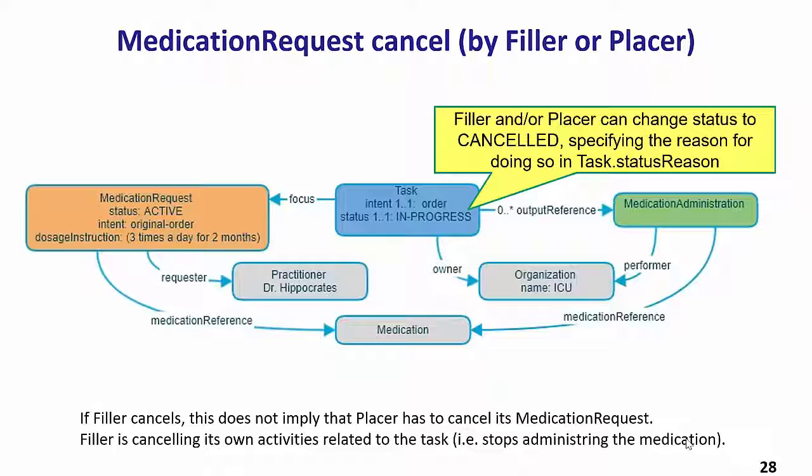Then one of them can basically change the status of the task to cancelled. And then the other party should monitor that, and then they know that the other party has cancelled their part of this workflow. So if the filler changes this, they go like, okay, we are cancelling the medication administration. That doesn't necessarily mean that the prescription also is cancelled.